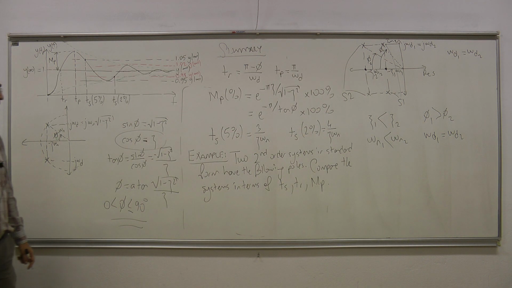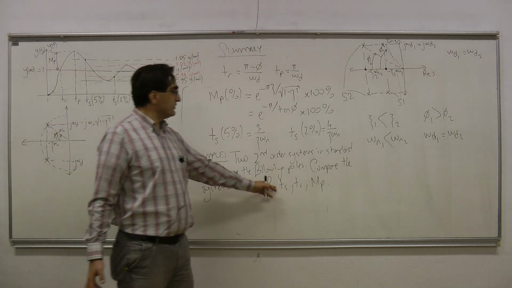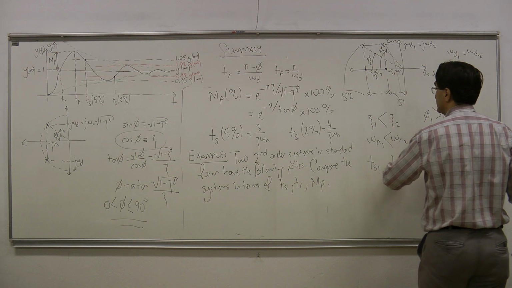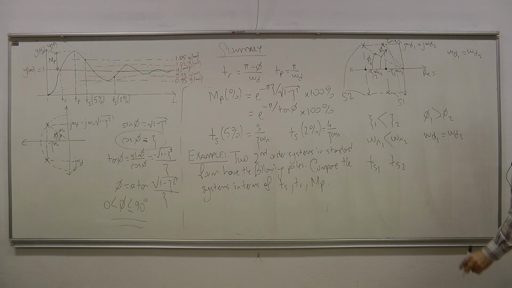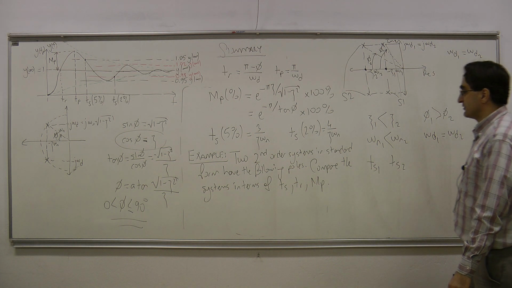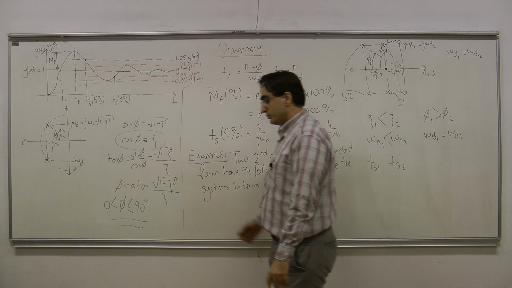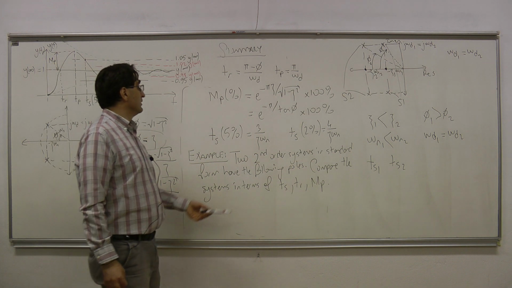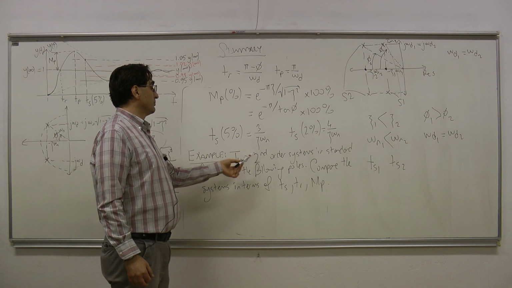Okay? So now let us look at Ts1 and Ts2. What is the relationship between the settling times of these two systems? The settling time would be determined by the real part of the poles.